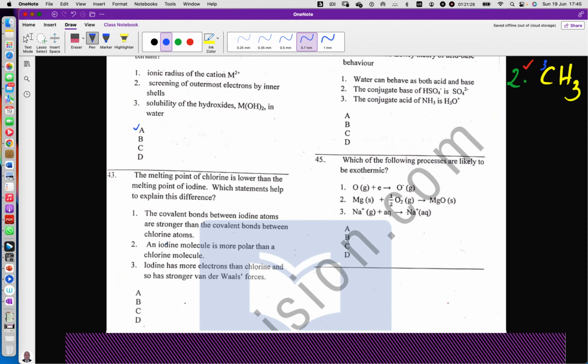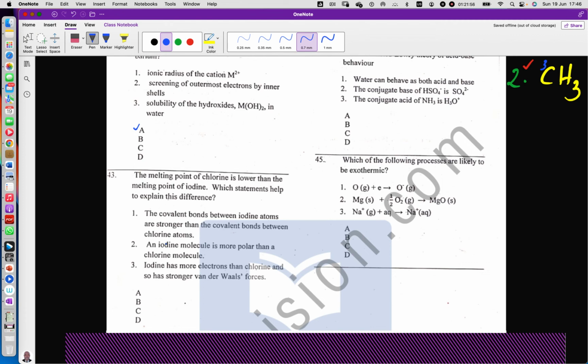As you go down the group, the molecular weight and the number of electrons increase, so the instantaneous dipole-induced dipole attraction increases. The energy required to overcome them will be higher, leading to an increase in the boiling point and the melting point.